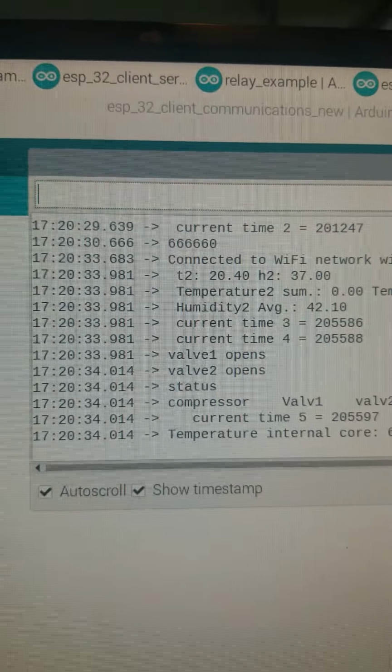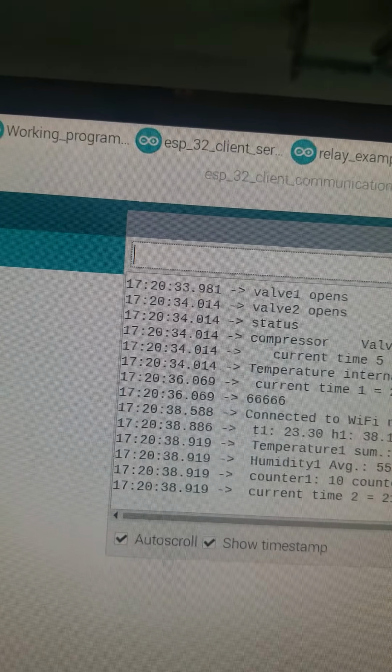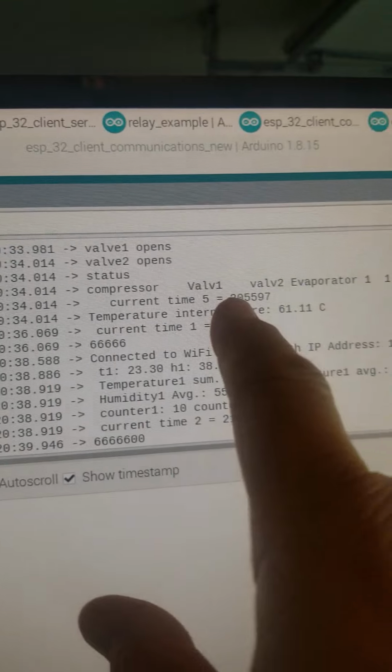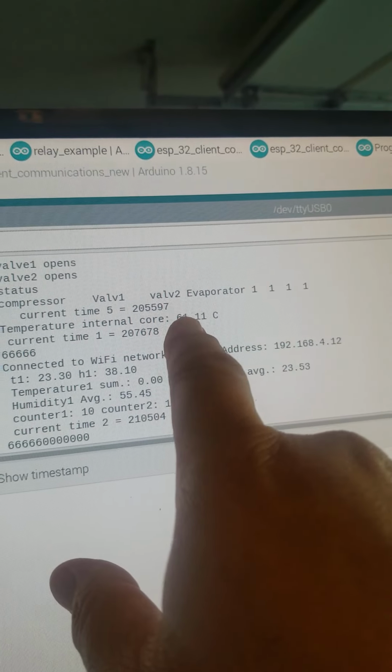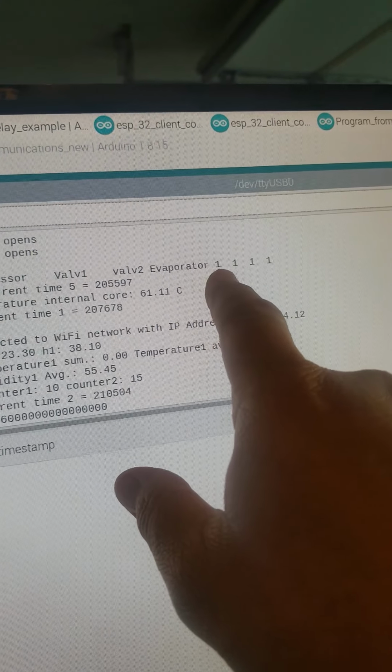The numbers that you see here are the current state of the compressor, valve 1, valve 2, and the evaporator. Valve 1 is the valve for mini container 1, valve 2 is the valve for mini container 2, and right now the compressor is working, that's 1.